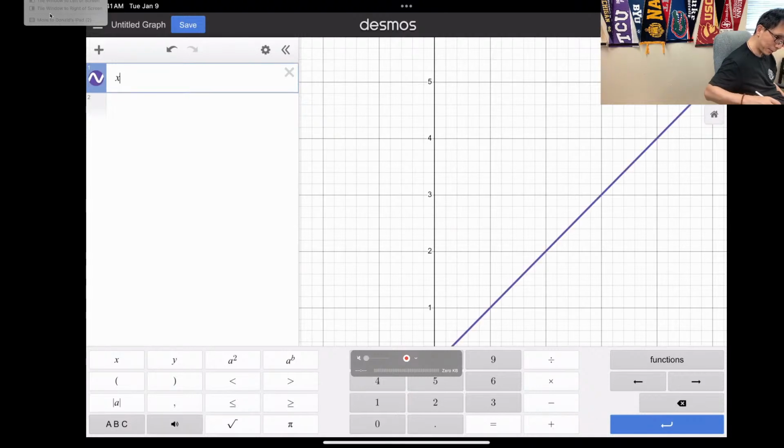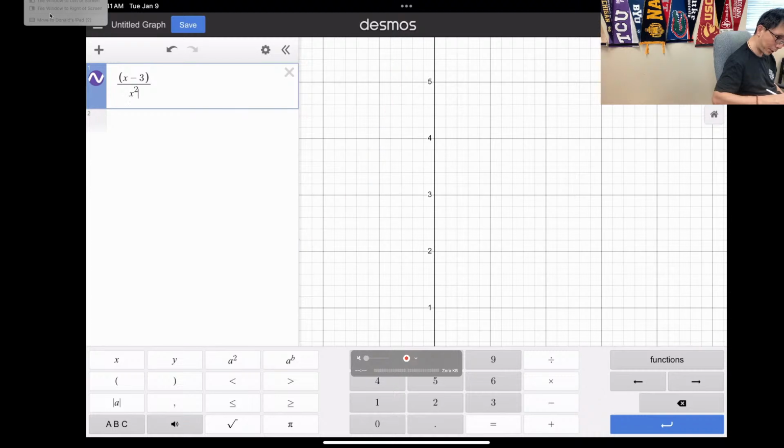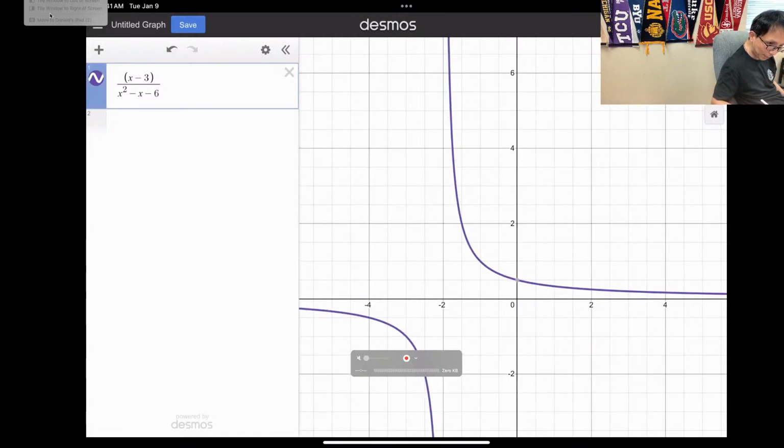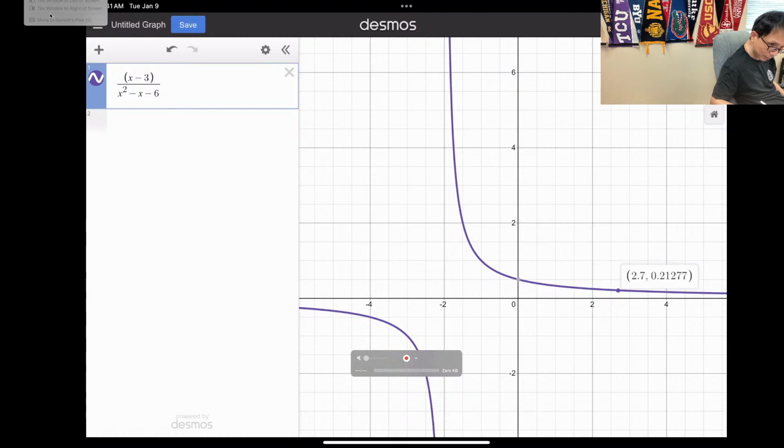x minus 3 over x squared minus x minus 6. So if you look at this, it looks like normal. But remember, there was something else that happened. Look at what happened when they go to 3.